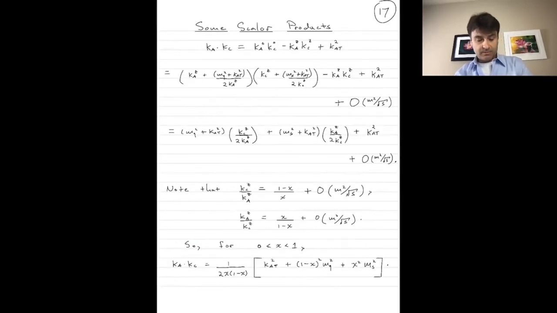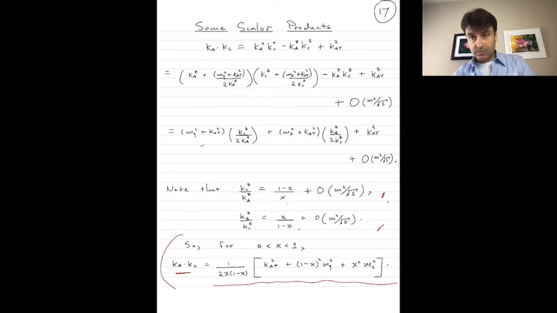And then if I do that and I substitute this, and this into my expressions, then I get that Ka dot Kc is equal to this. So I've just pulled out a 1 over 2x(1 minus x) because of these ratios involving x.